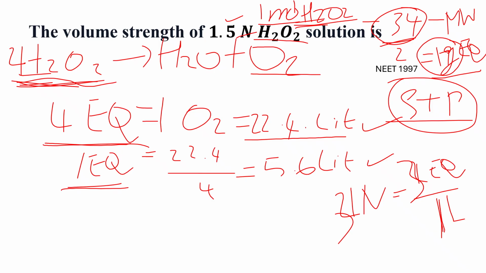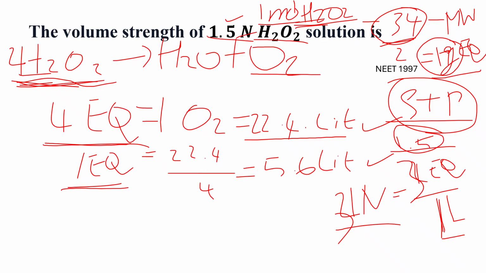Then what is meant by 1.5 normal? You will have 1.5 equivalent weight. If you have 1.5 times the equivalent weight in 1 liter, that is 1.5 normal.